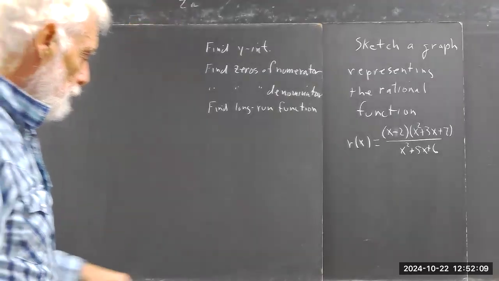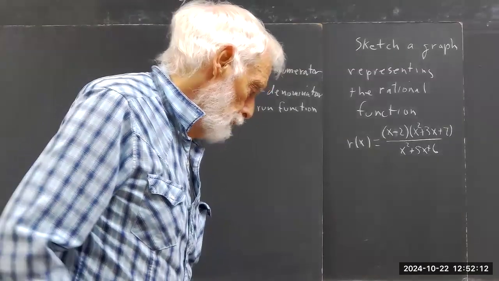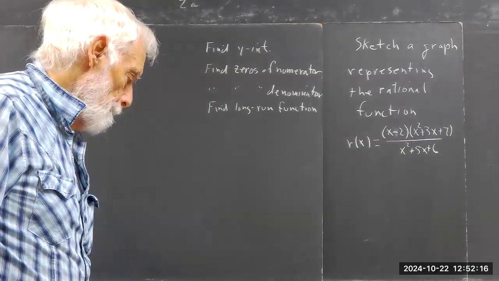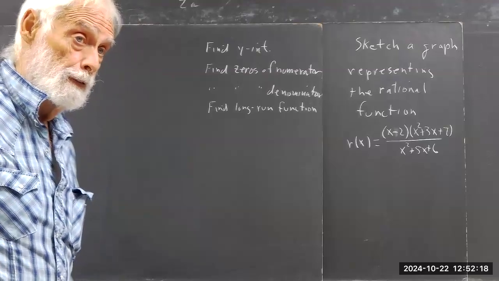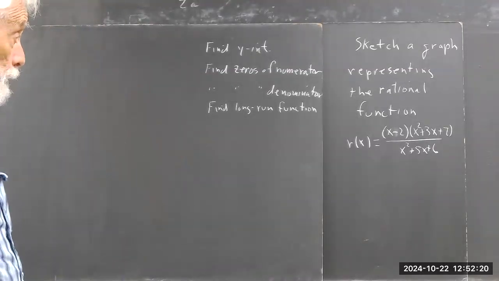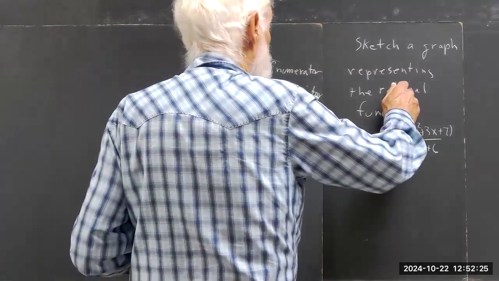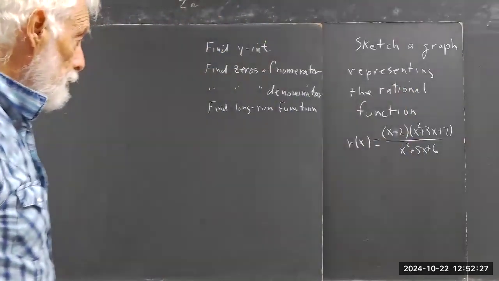If you just do the long run behavior the way Open Math has told you to do it, that's fine. But I think many of you understand the power function well enough that you can actually find the long run function. And in this case, you're going to end up doing that anyway.